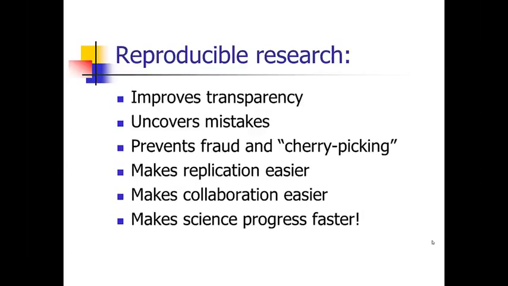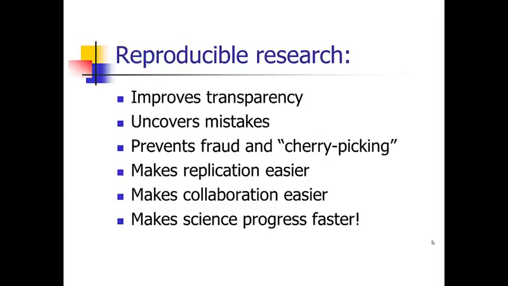And certainly it has a lot of benefits. It improves transparency, it uncovers mistakes such as those in the Duke case. It prevents fraud. It prevents cherry picking, which is this idea that sometimes researchers will look at a particular part of their data, but not look at the totality of their data and pick out just the data that supports their hypotheses. Reproducible research, of course, makes replication easier.